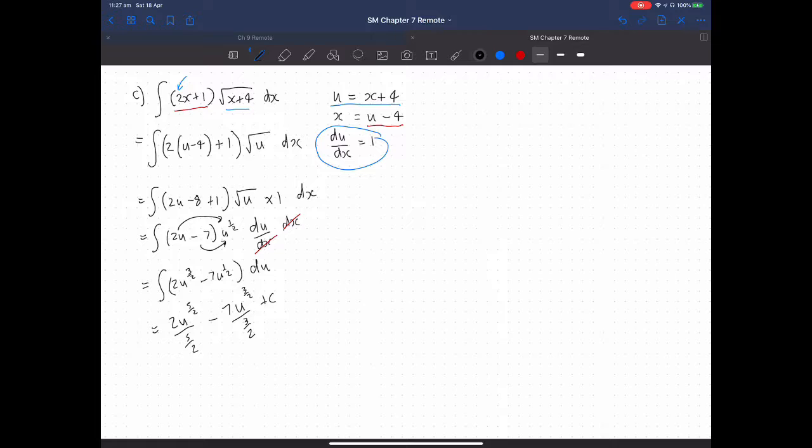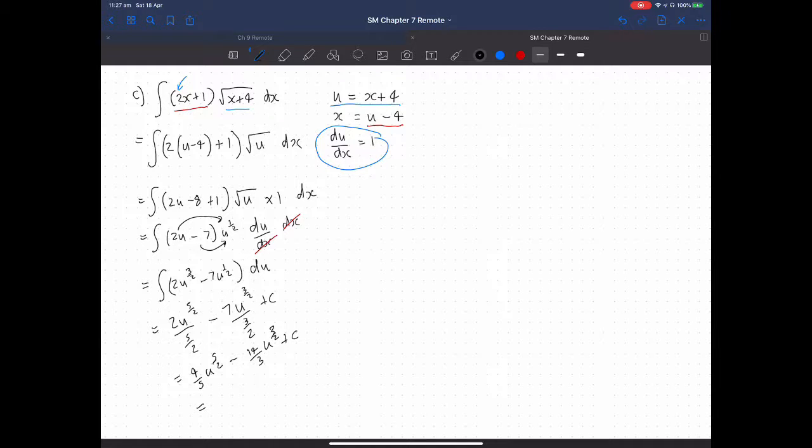Turn it upside down and multiply. We get 4/5 u to the 5/2 minus, again, turn the fraction on the bottom line upside down and multiply, we get 14/3 u to the 3/2 plus c.